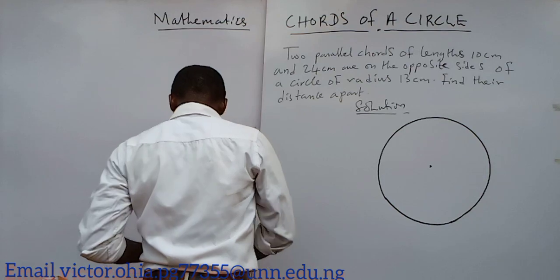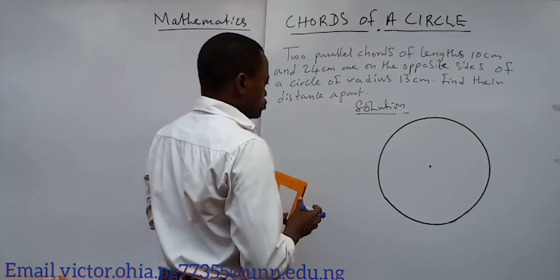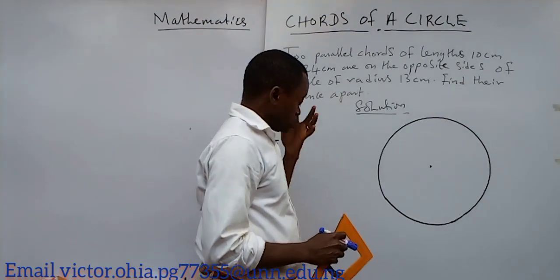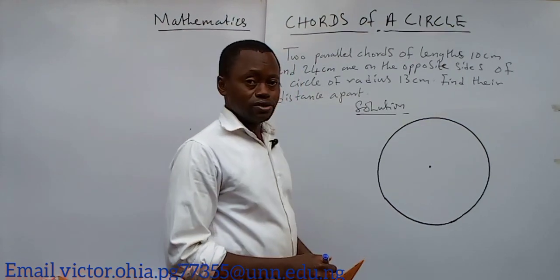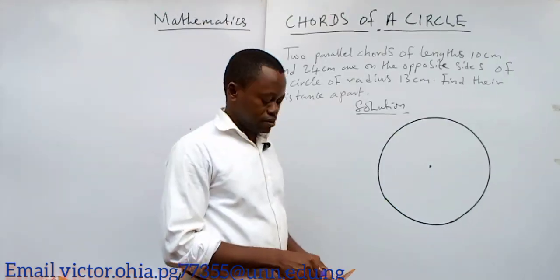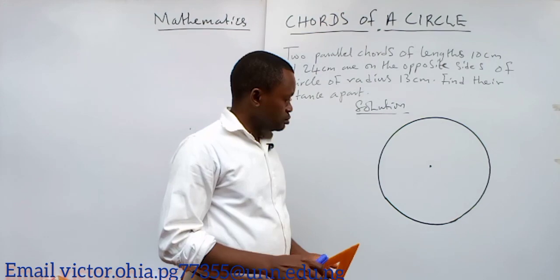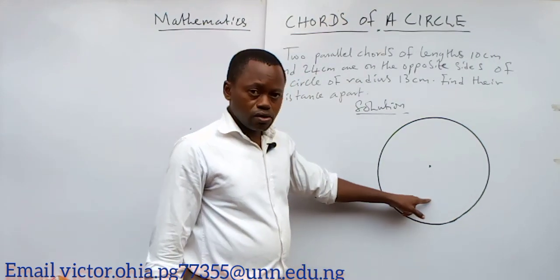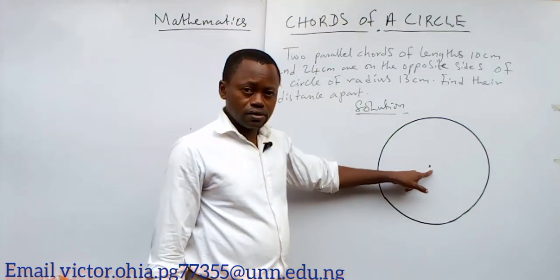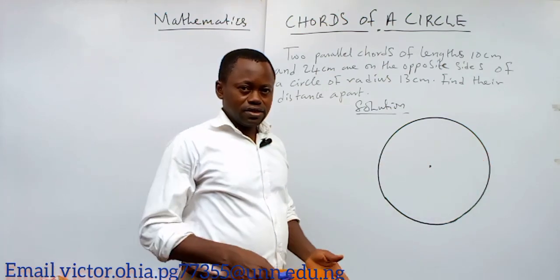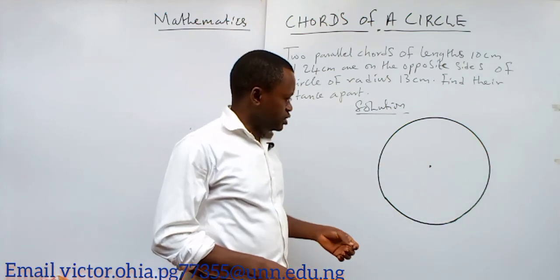Now we are told that two parallel chords. There's something I need us to understand. The closer a chord is to the center, the wider it is. I don't know if you understand that.